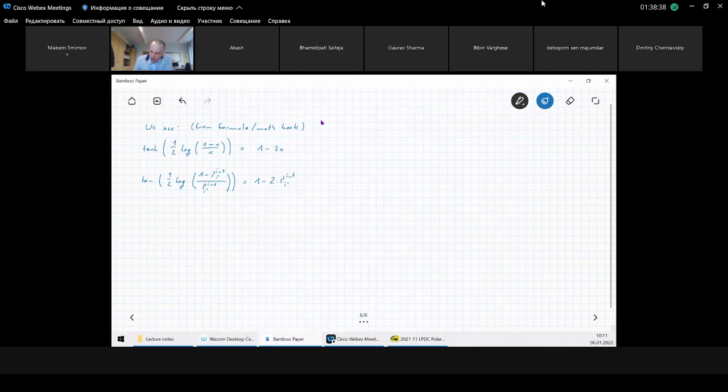Oh, here I wrote again the log instead of the ln, so I should be more consistent here. Right, ln. And here we actually see a hyperbolic tangent. This one is basically the log likelihood ratio of these intrinsic probabilities, it's the M_jI prime.